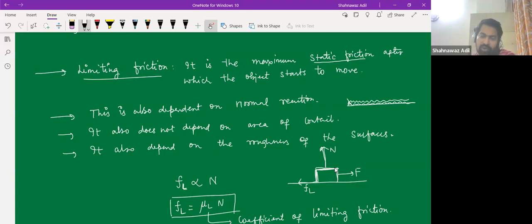We will see how friction is dependent upon the weight. It may or it may not depend upon the weight. Okay, we'll see that.